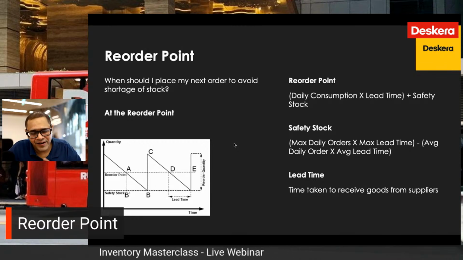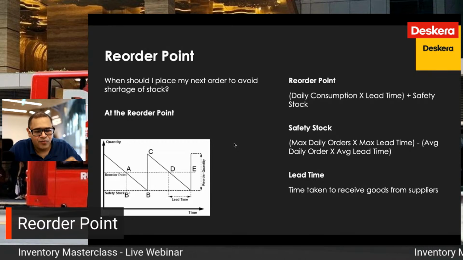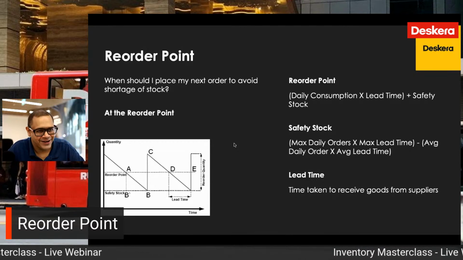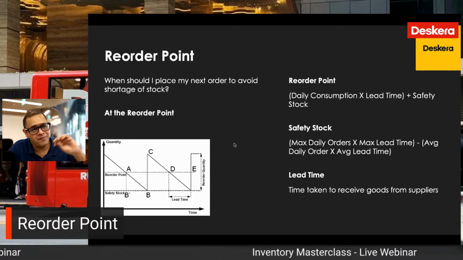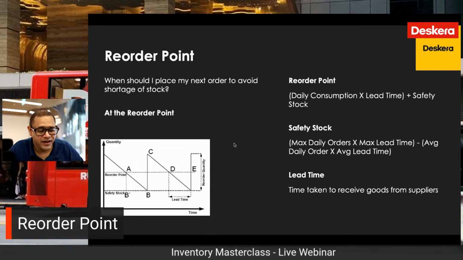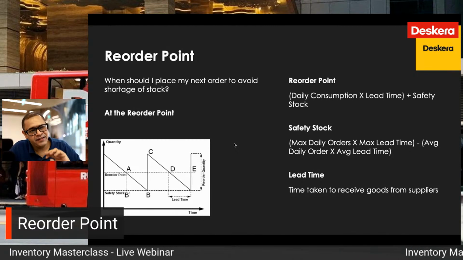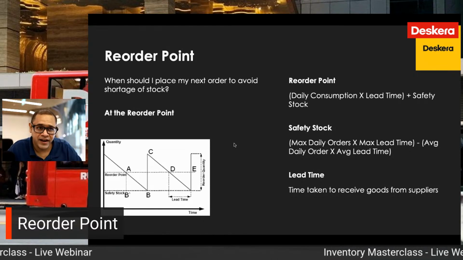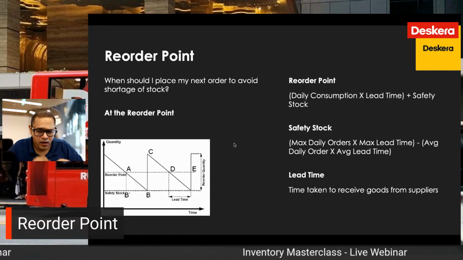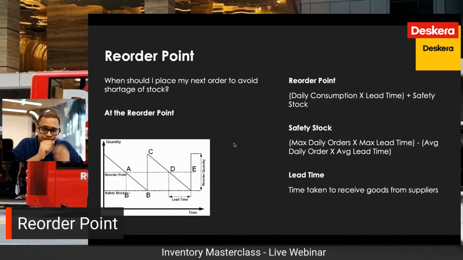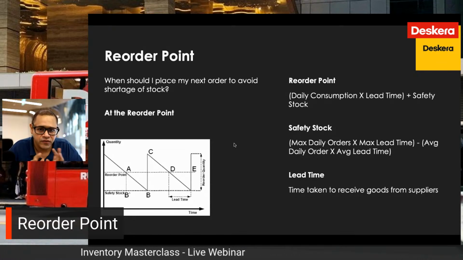Now, obviously, the question is, okay, how much do I order? Right now, I understand the reorder point, which is when I should place my order. At what stock level should I place my order? And then the next question is how much should I reorder, or the reorder quantity. Now there are different schools of thought around this, right?